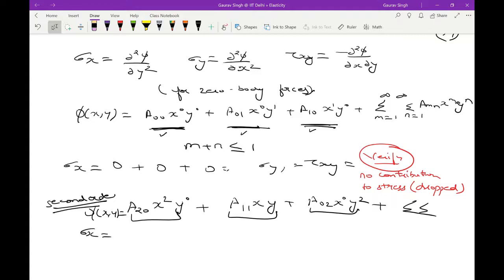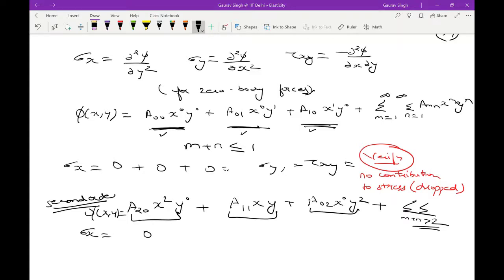So m plus n basically is greater than 2, to be specific. Not equal to but greater than 2. So let's see, sigma x would be equal to dou 2 phi by dou y square.